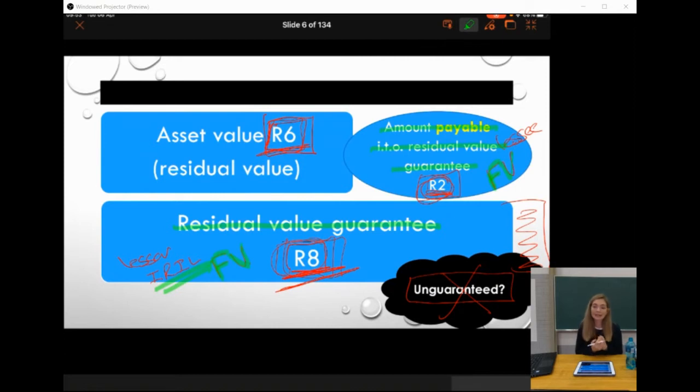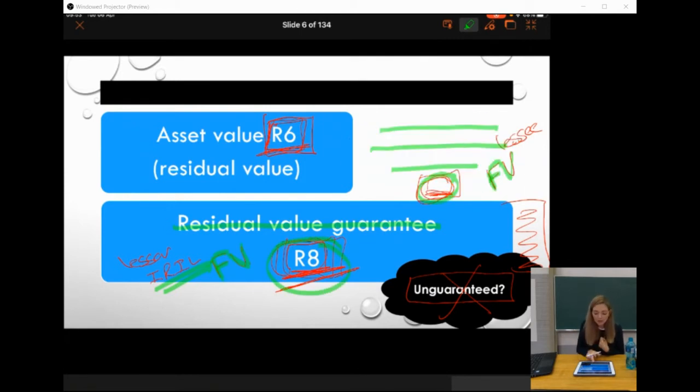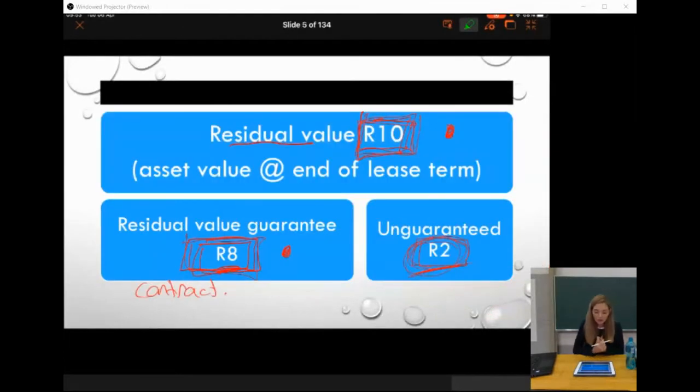All the other amounts are the same. It's just the fact that the lessor actually includes the full residual value guarantee, whereas the lessee only includes the amount payable. So in this situation, there was no amount payable in terms of the residual value guarantee, because the lessee is actually giving back an asset that's worth more than the guarantee.